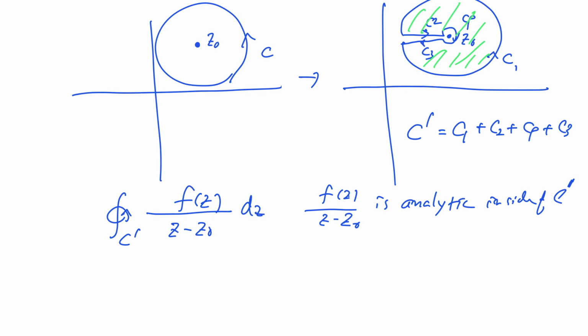C prime is C1 and this, so this particular point is outside of this domain, right? So what happens? This f of z divided by z minus z naught is analytic, right? So it should be 0. Therefore, it should be 0.